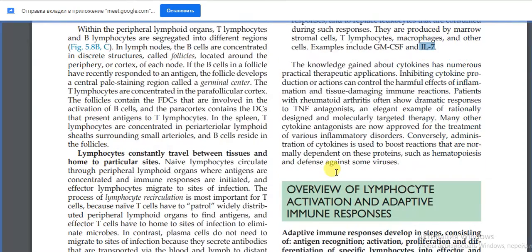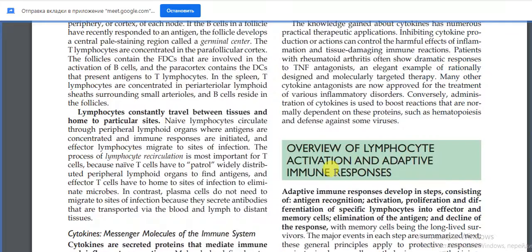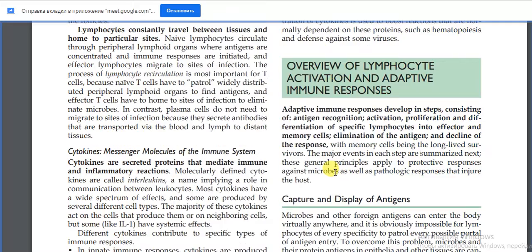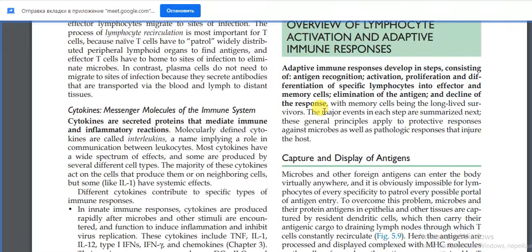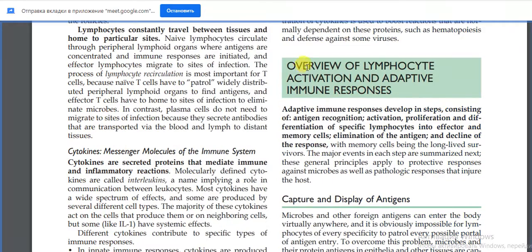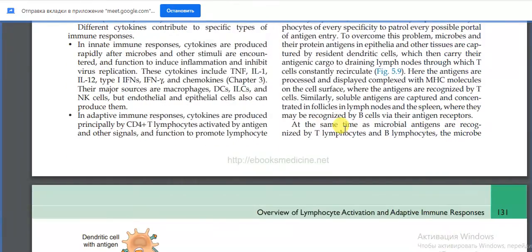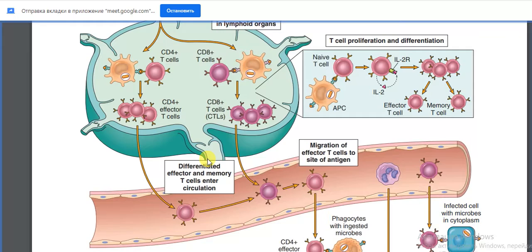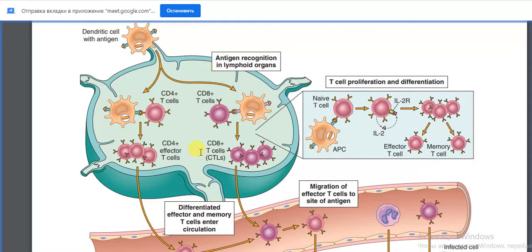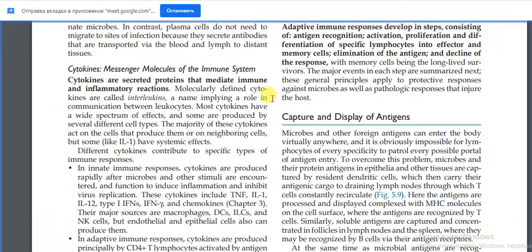Okay, that's what we discussed. So how do lymphocyte activation and adaptive immune responses happen? First of all, let's show it on the diagram. We need some details here.